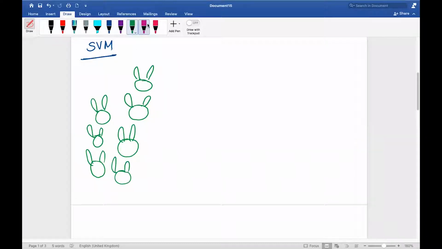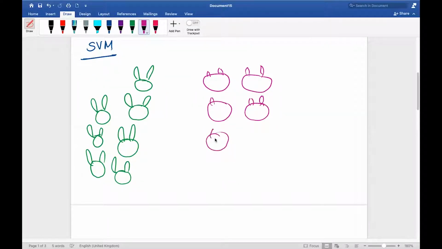On the other side I have a lion. So these are the two groups that we have to separate.